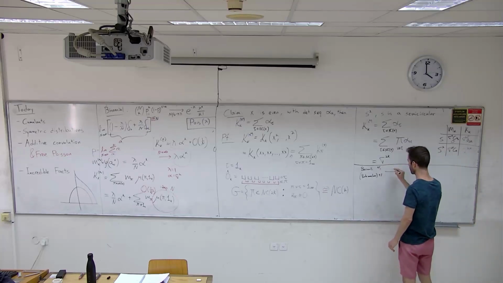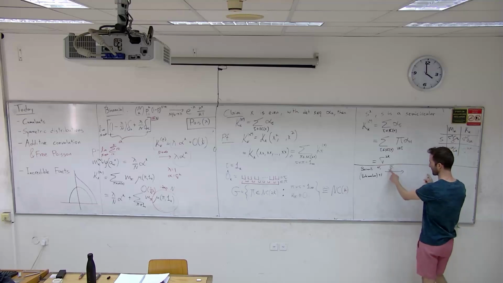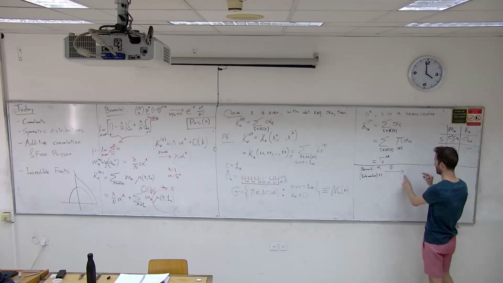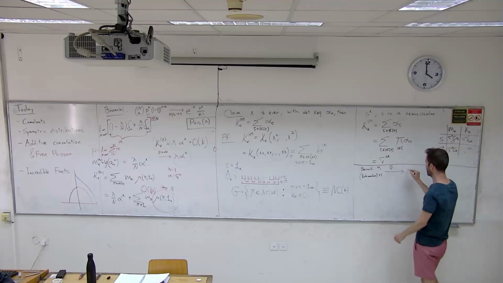I can take the sum over n of them. So what do I get as a sum of n independent Bernoulli random variables? Binomial, right?